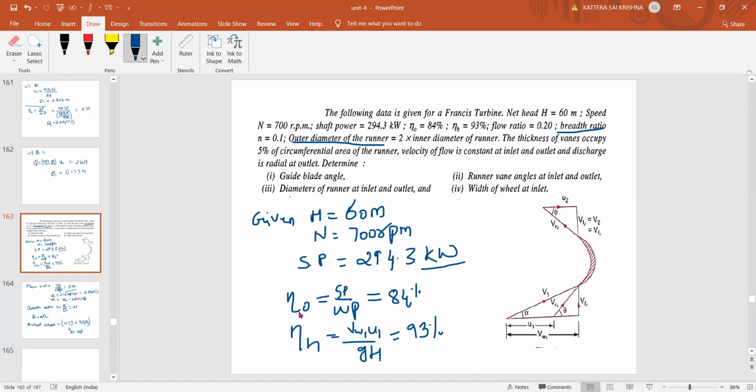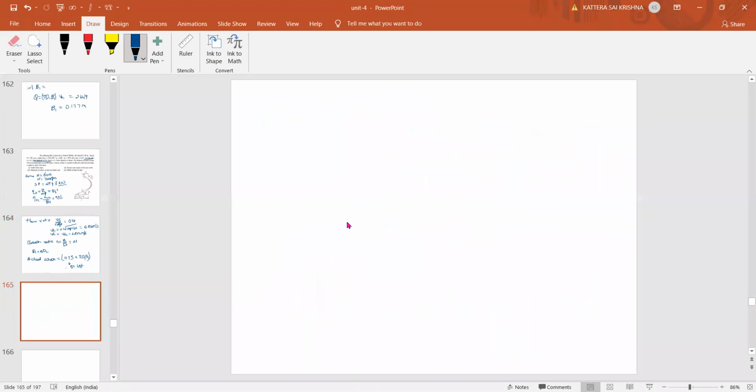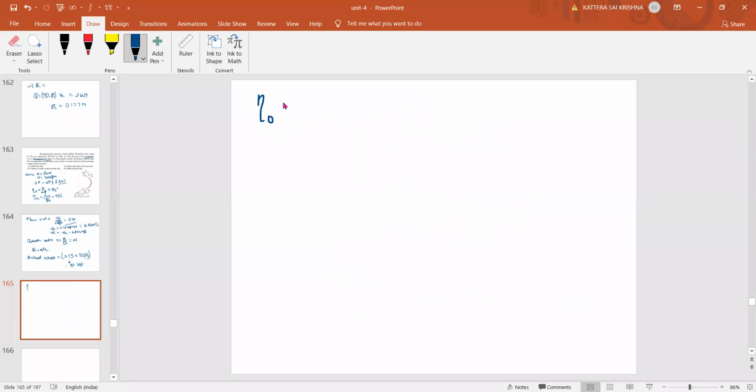Right. Next, again, same thing. So here, whenever he is giving the overall efficiency, from that you can find discharge, Q value, very easily if H is given. So by using overall efficiency, I can find discharge. First, I'll do that. Any doubt in that? And then you can find whatever thing you want. So first, by using the overall efficiency. Shaft power by water power is your overall efficiency.